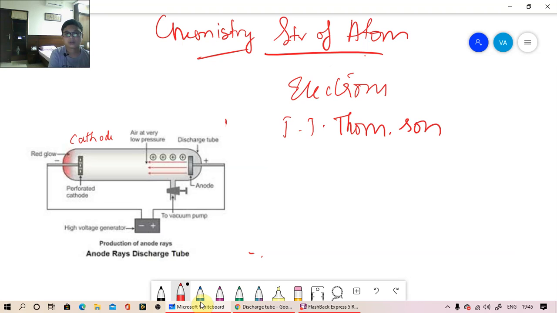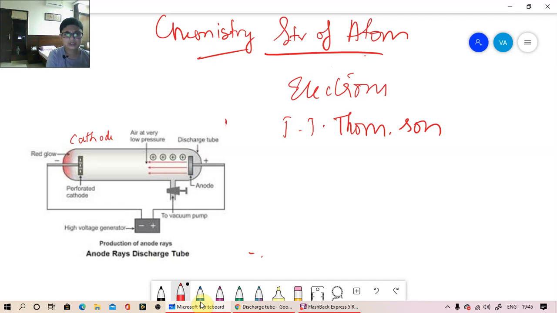See, what they did is they just had a glass discharge tube, which had two electrodes, the positive electrode and the negative electrode. The positive electrode is called anode, the negative electrode is cathode, and it was connected to a vacuum pump. When they introduced air into it at 760 mm, 1 atmospheric pressure, the normal pressure, and applied 10,000 volts, nothing happened.